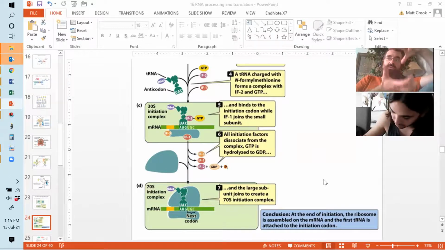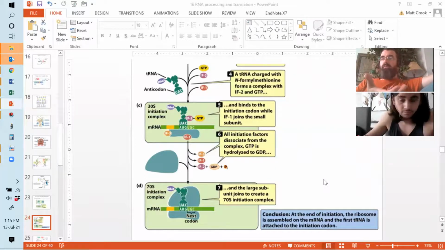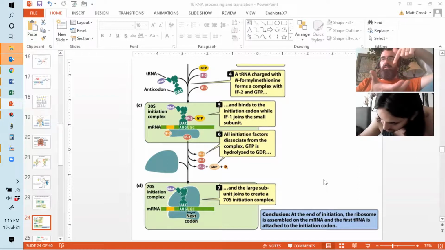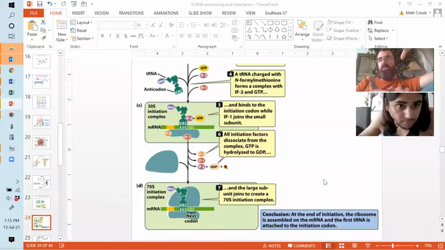So this all assembles on top of the start codon. First, the small subunit binds, then the tRNA for methionine, and then the large subunit kind of clamps down on top of that.